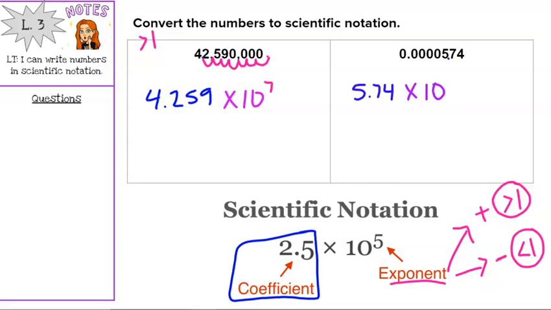So I go from where the decimal point currently is to where I want it to be. And that was 5 jumps. But in this case, it's going to be negative 5 because this number starts off as less than 1. It's a very small decimal number, and that number is less than 1.